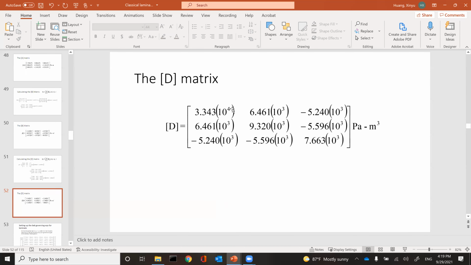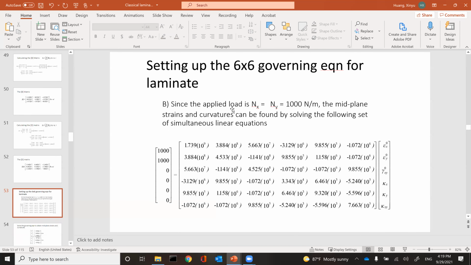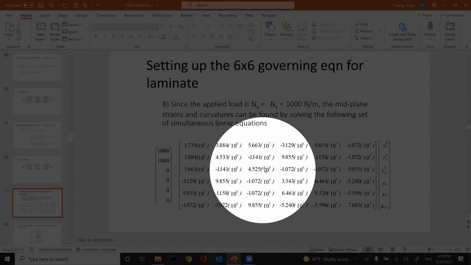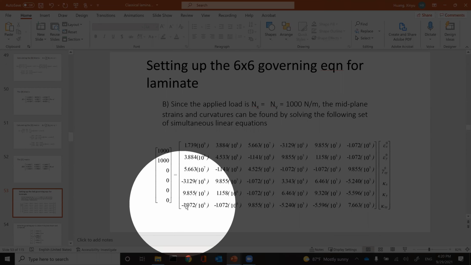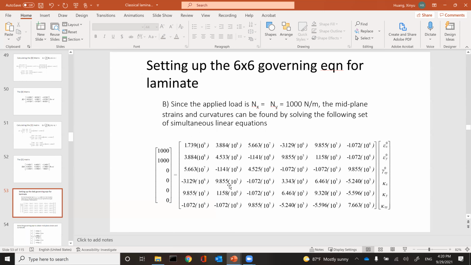At this point, we are ready to do the ABD all together. A, B, D. What is this matrix here? B, the same as B. Is this matrix symmetric or not symmetric? It's symmetric.